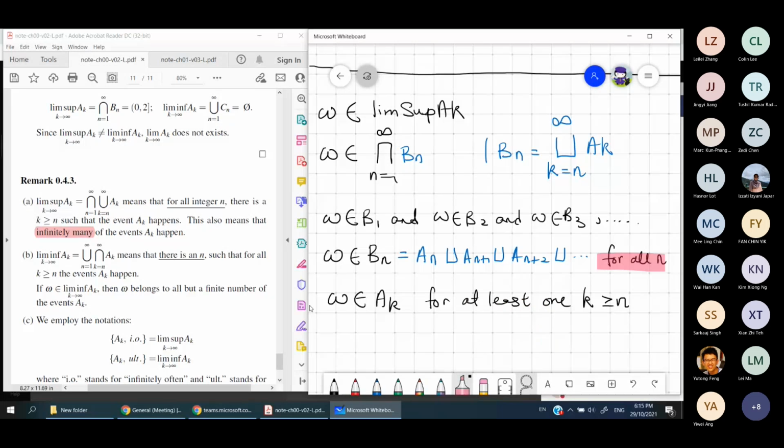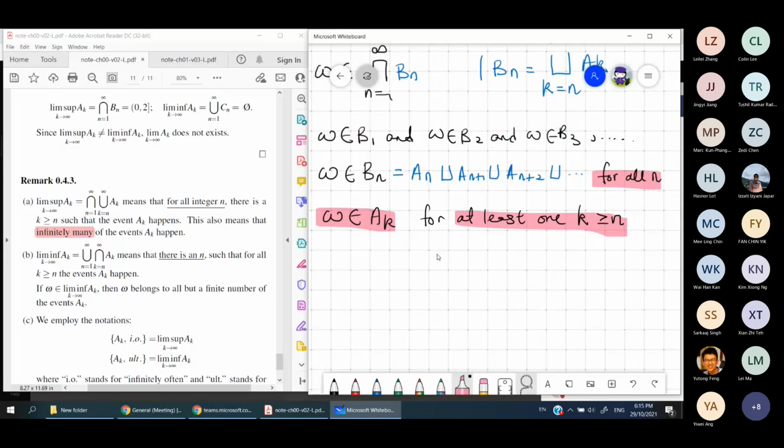For all n, there is at least one K larger than n such that omega belongs to AK. We don't know the value of n, but for sure we know there is one. For example, when n equals 1, we can find a k which equals 10, so omega belongs to A10.